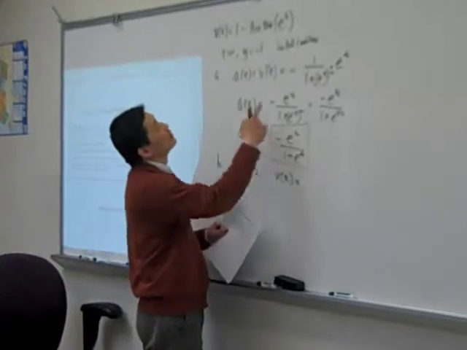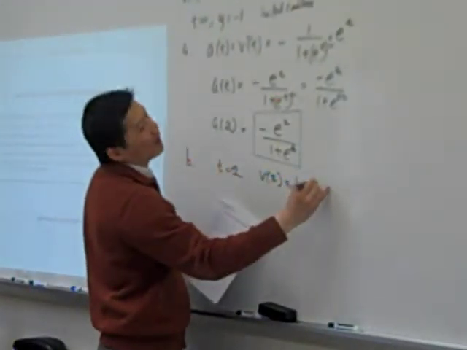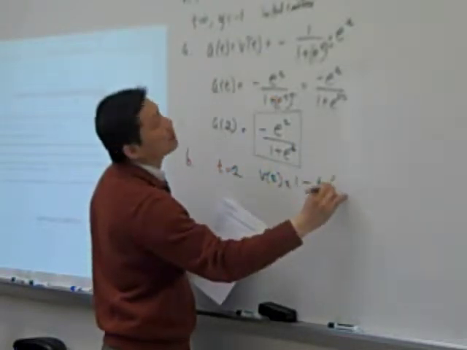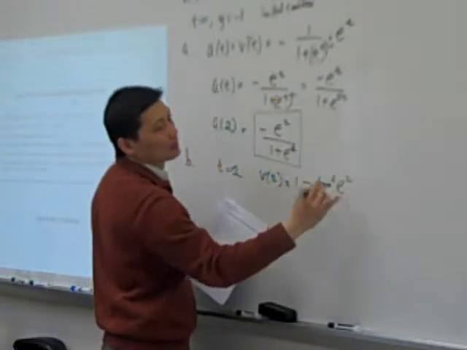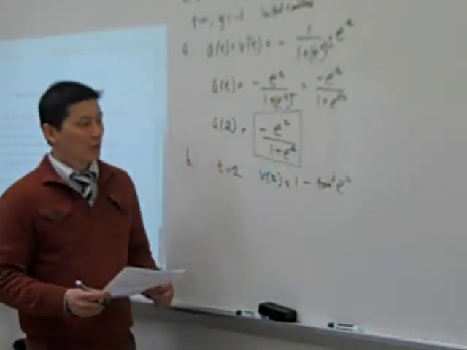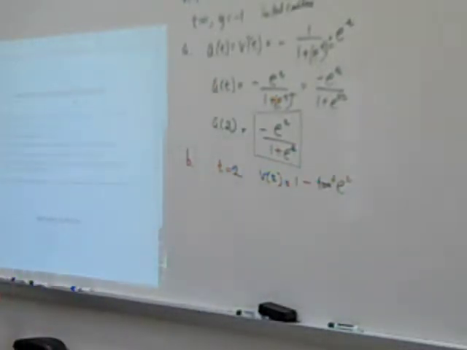So v of 2 will be 1 minus arctangent, inverse tangent, of e squared. Well, how do we know whether it is positive or negative?